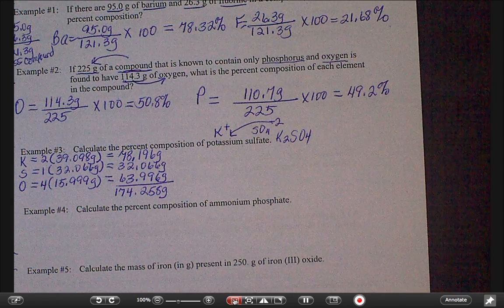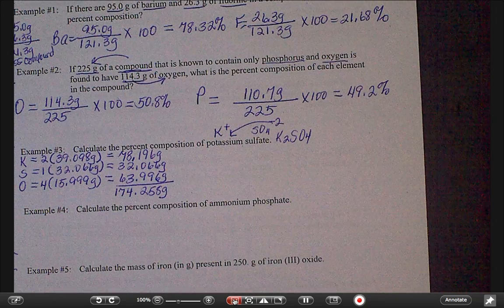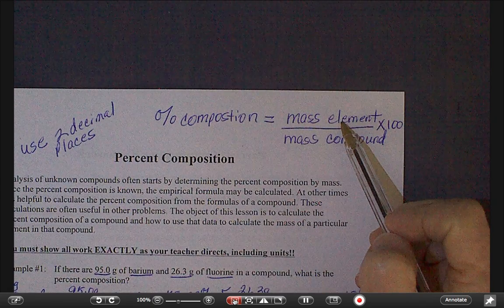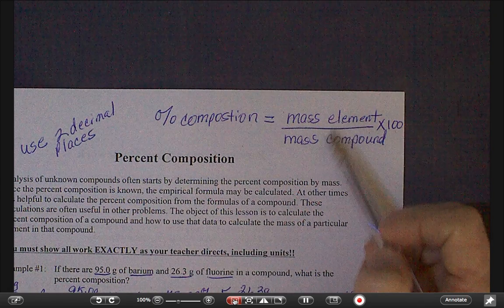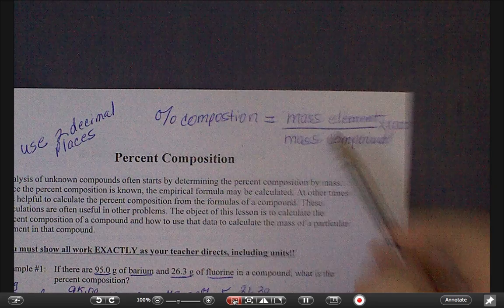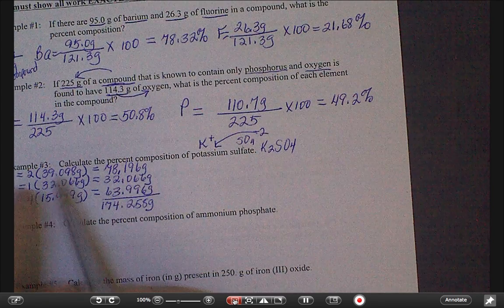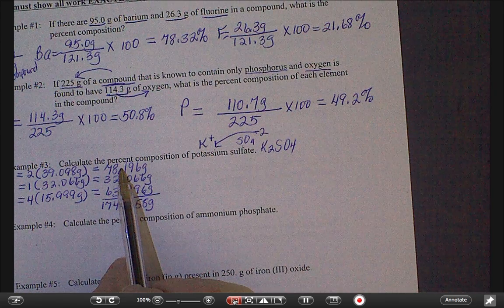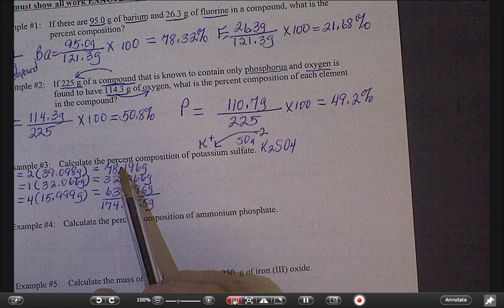Everybody agree? Okay, now here comes the added part. According to the formula, I'm going to take the what? And divide it by the total mass. Now, if you look right here, this is the advantage of doing it this way. Do I already have my element's mass? Yes.